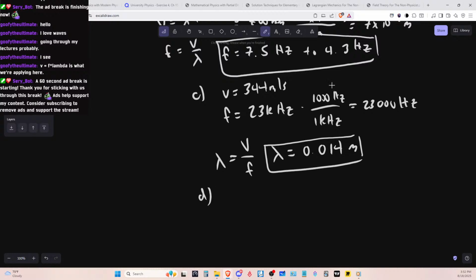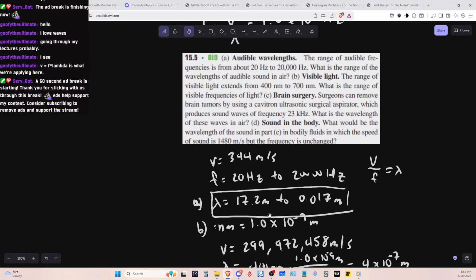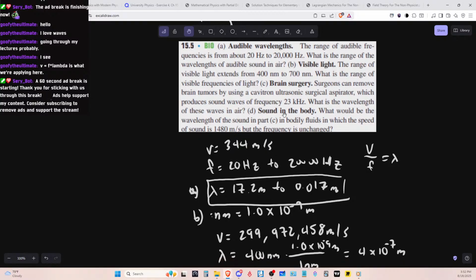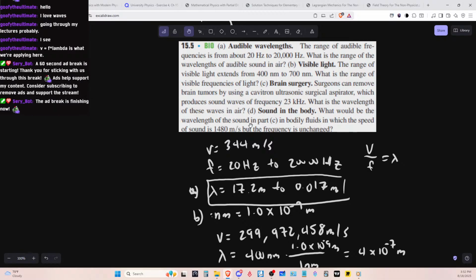And I think we have another question here, which is D. Sound in the body. Okay, what would be the wavelength of the sound in part C? In bodily fluid, in which the speed of sound is, oh, okay, but the frequency is unchanged.